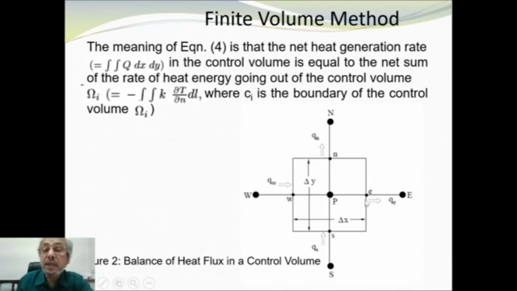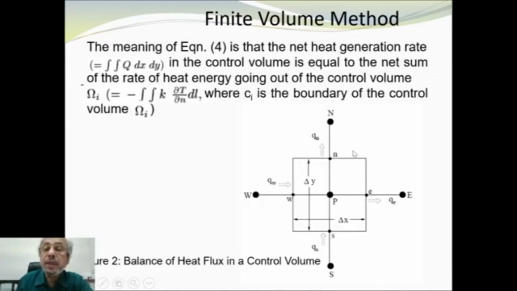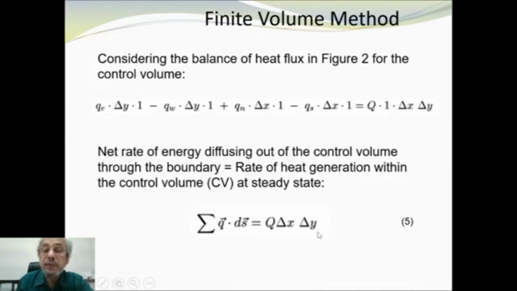So basically delta Y is the dimension in the Y direction, into 1, that is the area through which QE is going out, and QW again through delta Y into 1 is coming in. Similarly, QN is going out through the northern face, and QS is coming in through the southern face.